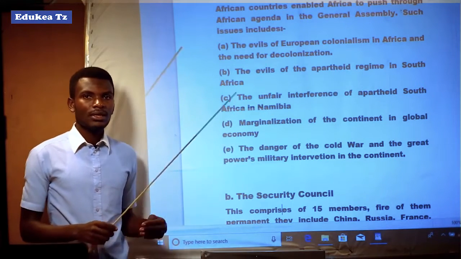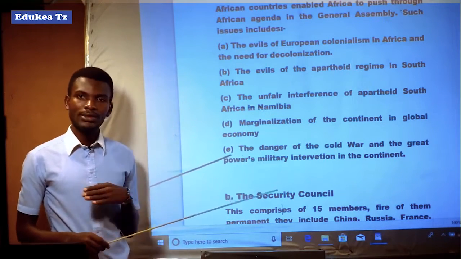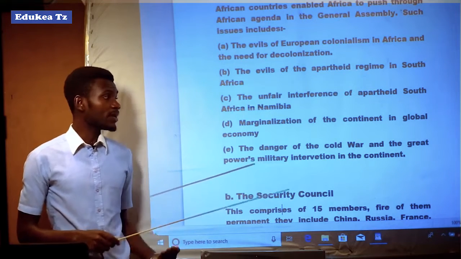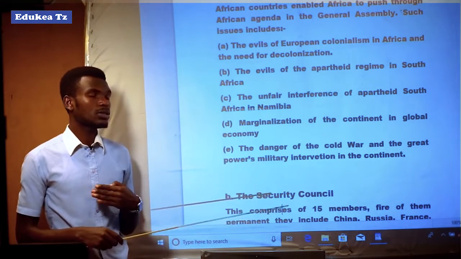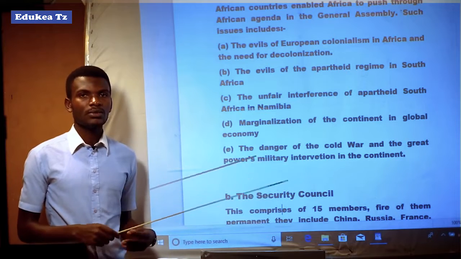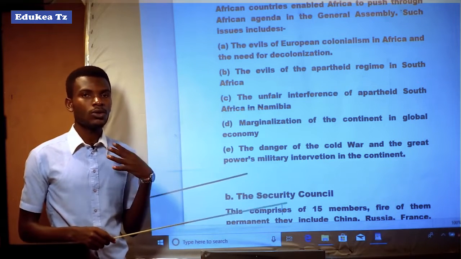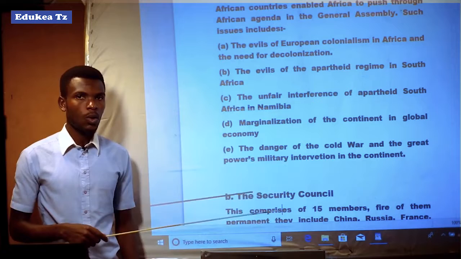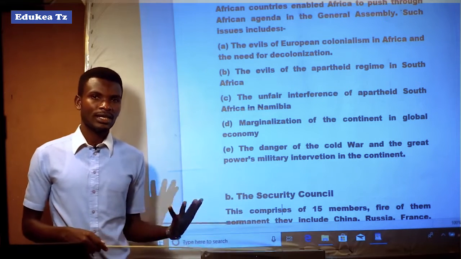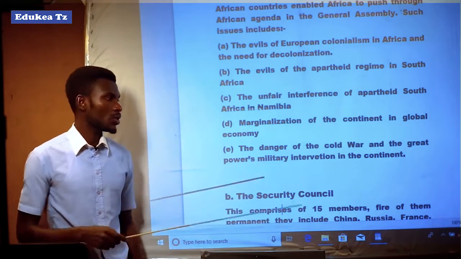It means that in the global economy, Africa was marginalized and not well considered like other continents' economies.